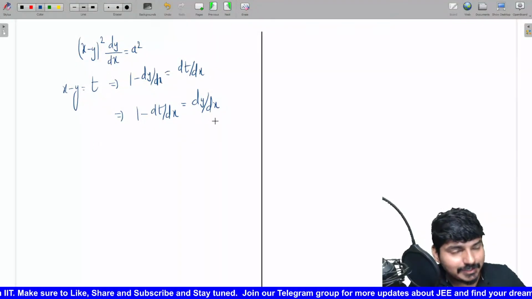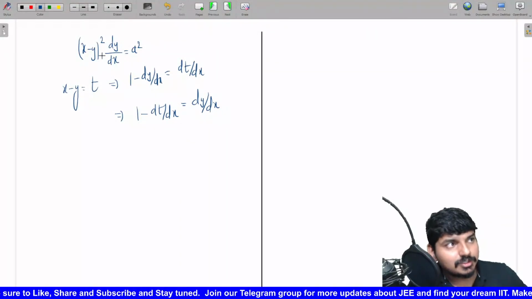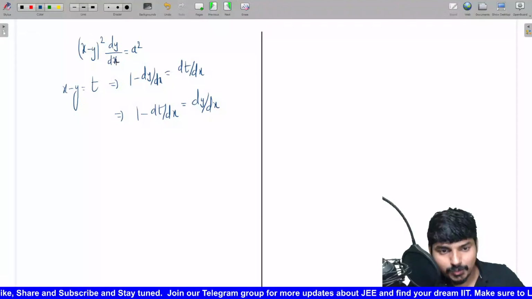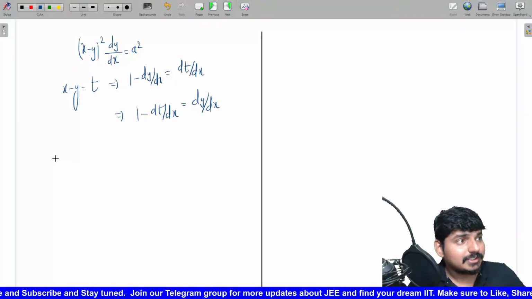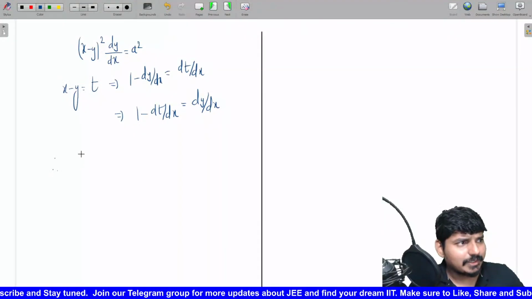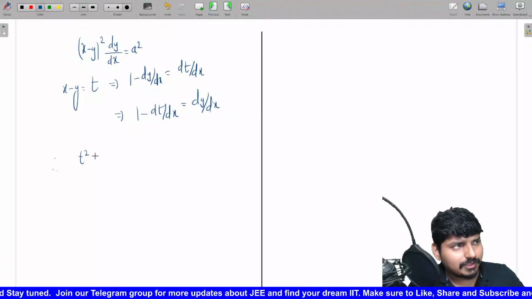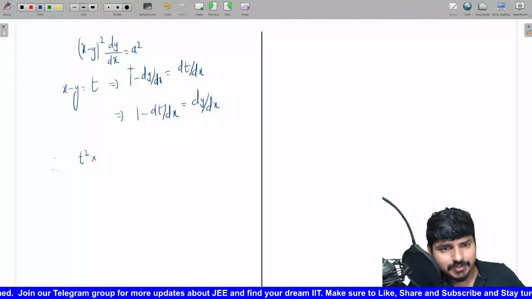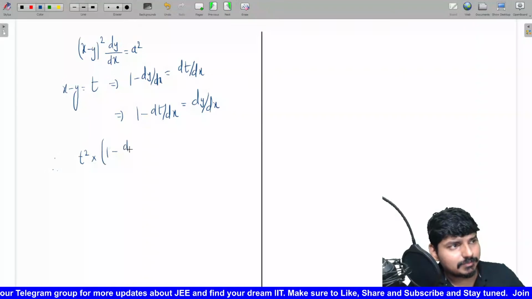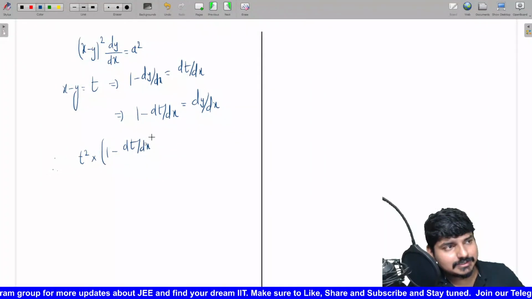So let me apply this modification to the above differential equation and see what I am going to get. In place of x minus y, I'm going to get t square into, in place of dy by dx, 1 minus dt by dx, and that is equal to a square.